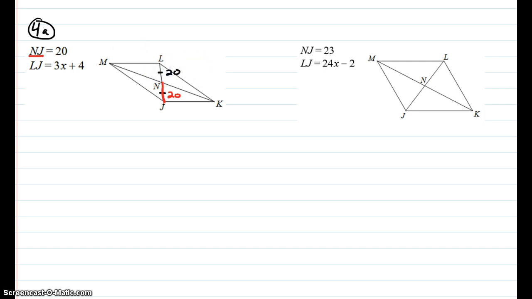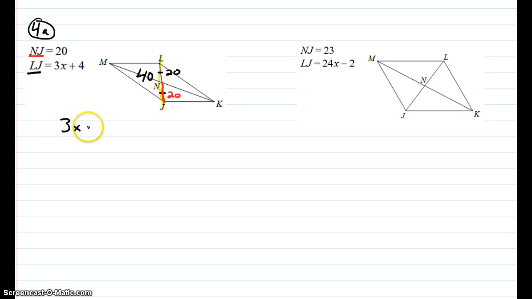And so the whole length of the diagonal from L all the way to J would be 40. And we're going to need that because LJ is 3x plus 4, so this whole length is going to be 40.